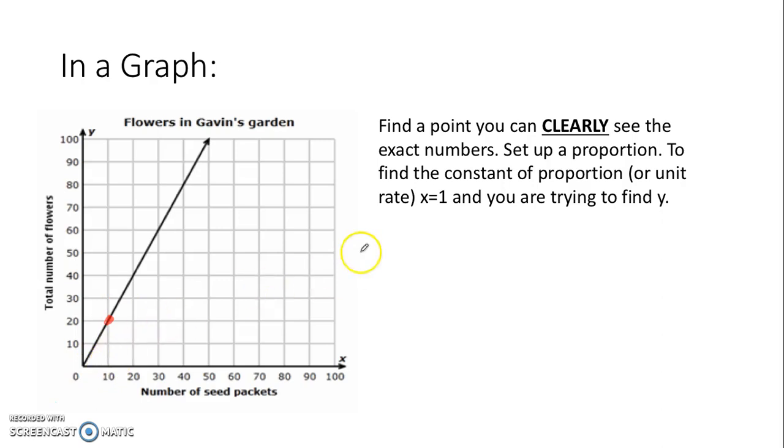So x is 10, so that point is 10, and then 20. That's a point we can clearly see, with both x and the y-axis, it goes right on a point that we can see. Okay, so now when we have this point, we're going to set it up in a proportion. So we're just going to go 10 over 20.